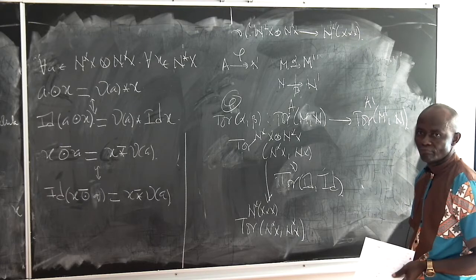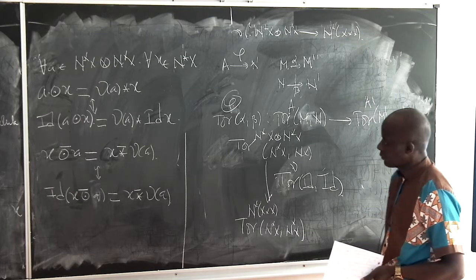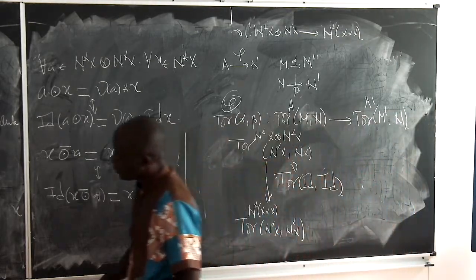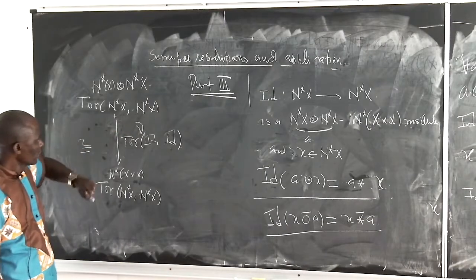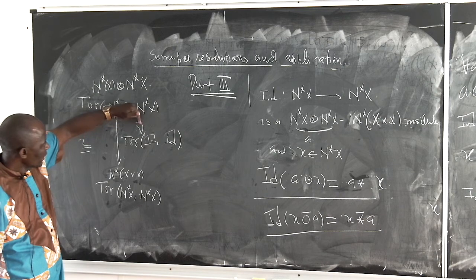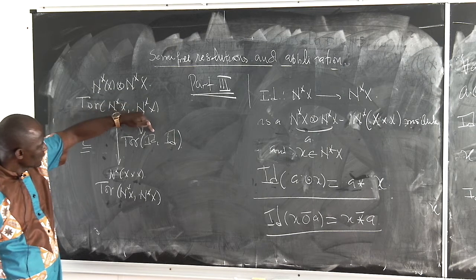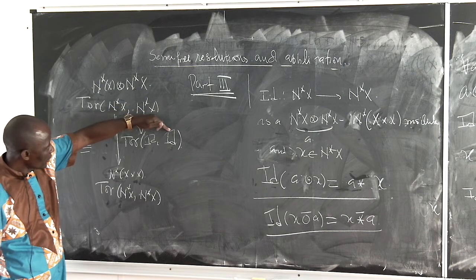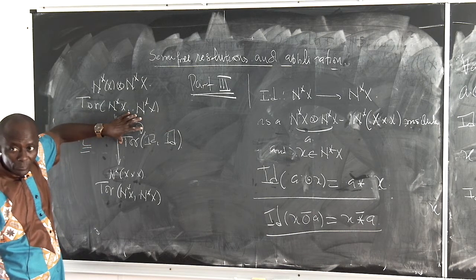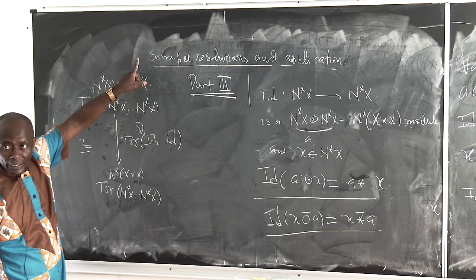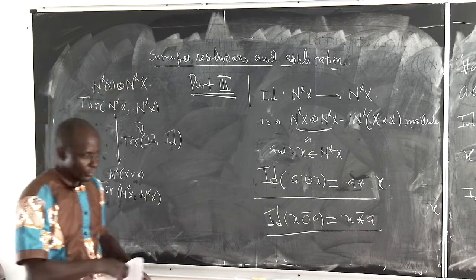It's okay. So the map that I was supposed to construct is this one. Since this is an isomorphism, this is also an isomorphism. So this map is an isomorphism according to the proposition that I gave you before.